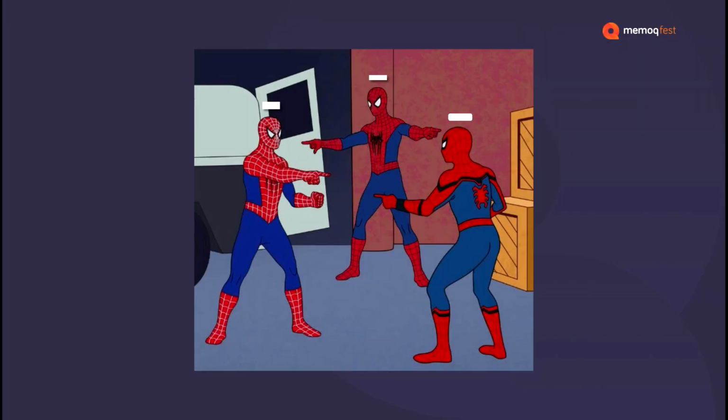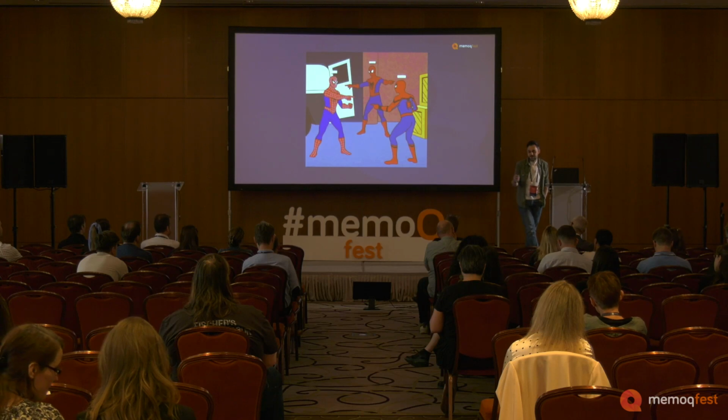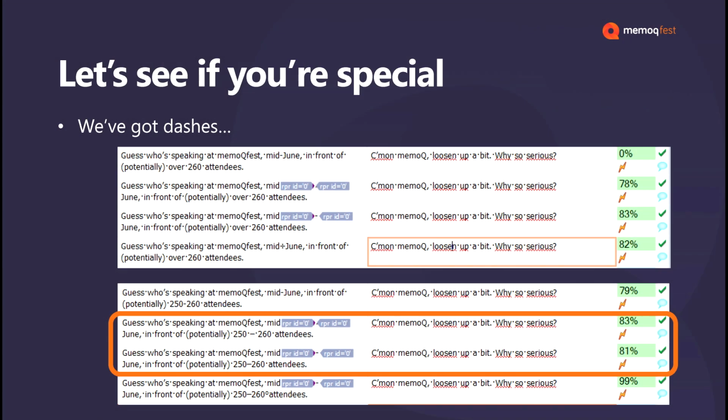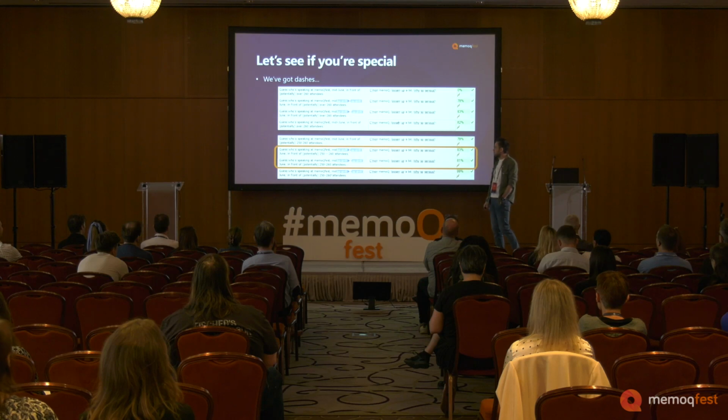So I'm going to go into screenshots now. And we'll start with special characters. And we've got dashes. The first example has 4 types of dashes that, if you look into the original Word file or any other file, you might not see differently.